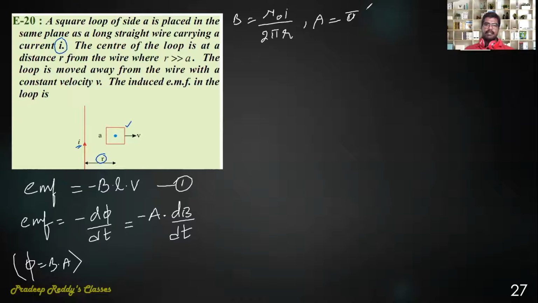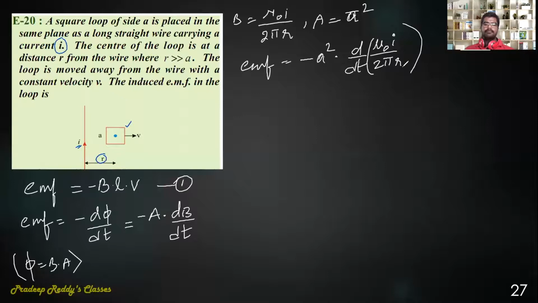It is side into side, that is A square. So I want to calculate induced EMF in the loop. In order to find out induced EMF in the loop, you will be writing it as minus A square into d by dt of variable magnetic field mu naught I divided by 2 pi r.